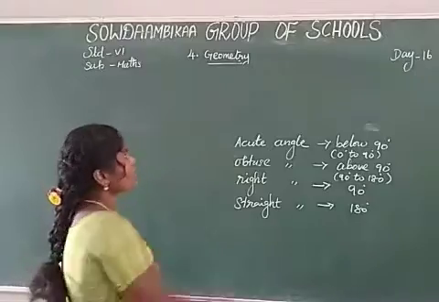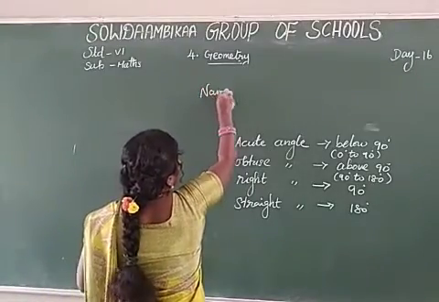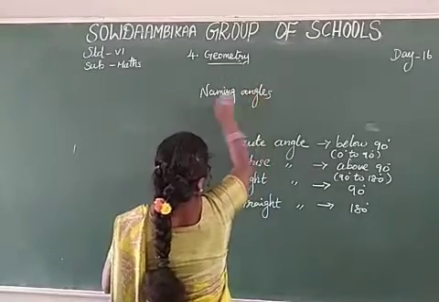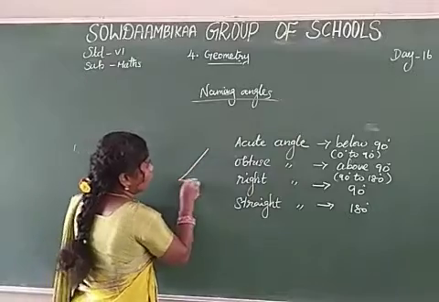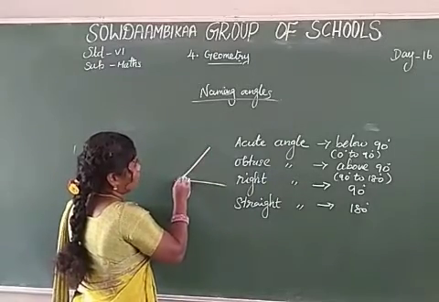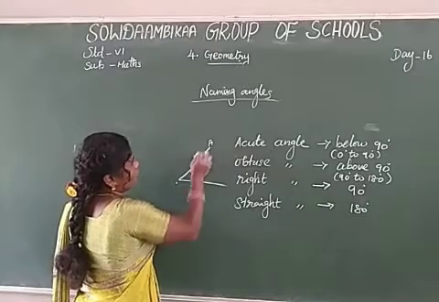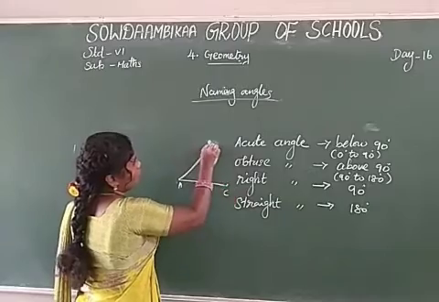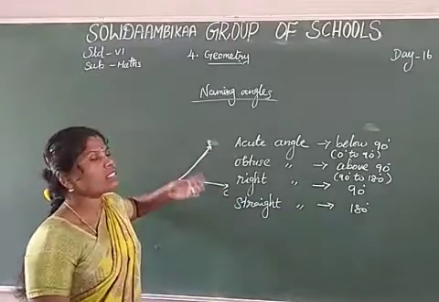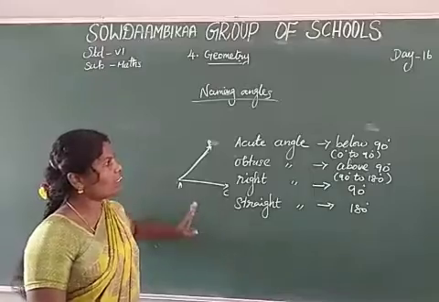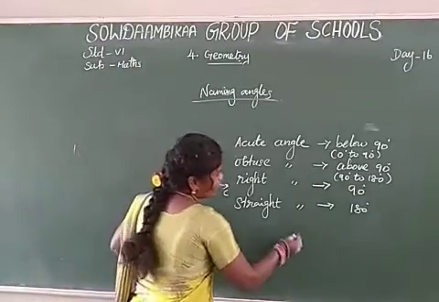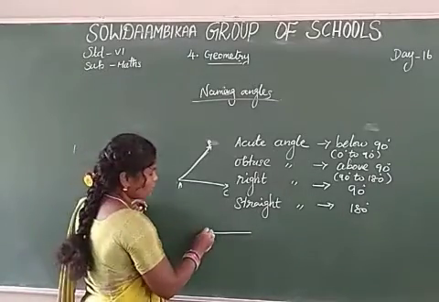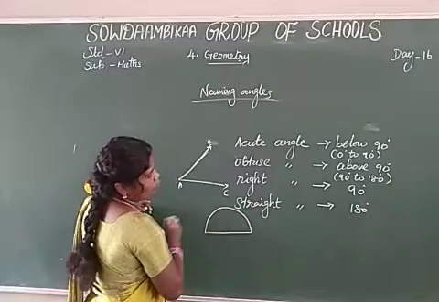The first one, naming angles. What is meant by naming angles? A, B, C. Is this an acute angle, obtuse angle, right angle or straight angle? This is below 90 degrees. Take your protractor. All of you know the protractor. Take the geometry box, and this is the protractor.